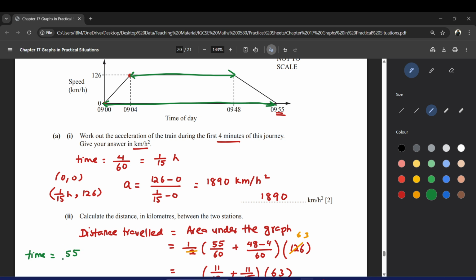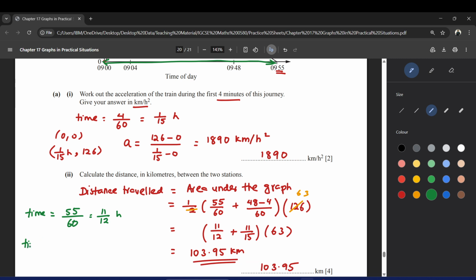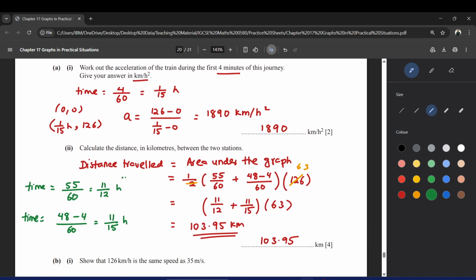We convert this 55 minutes into hours, so that becomes 11 upon 12 hours. The second time is 48 minutes minus 4 minutes, and then we divide that by 60. So that would be 11 upon 15 hours, which is this one. So this is your A and this is your B.